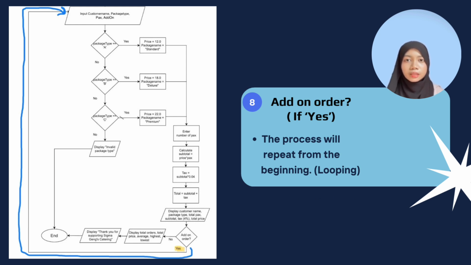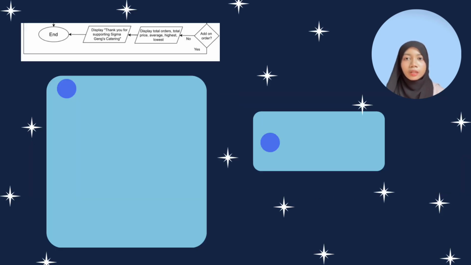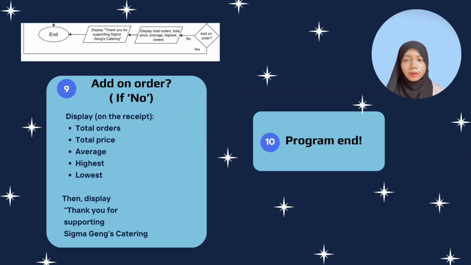If the customer answers yes, the process will repeat from the beginning. And this is where the looping structure is applied in this program. If the customer answers no, the loop will end and the program will display a summary of all orders that will appear on the receipt.